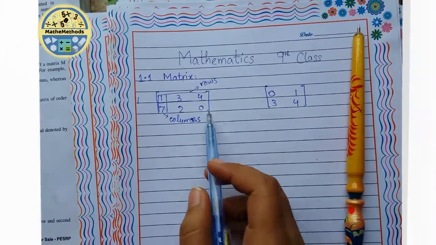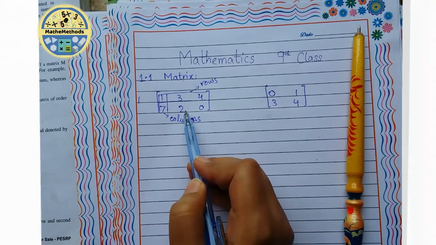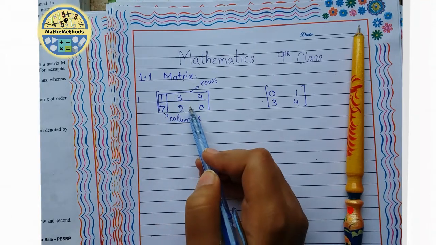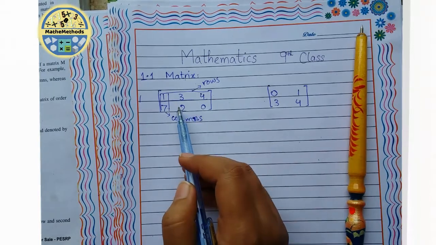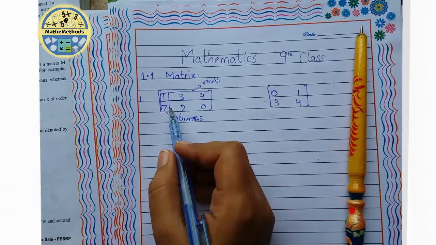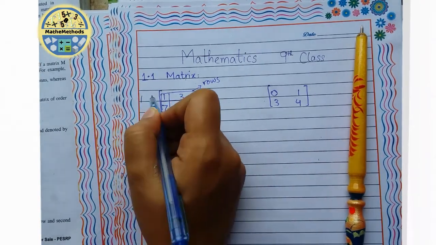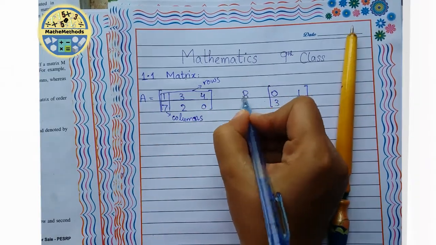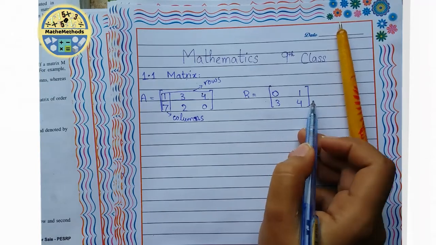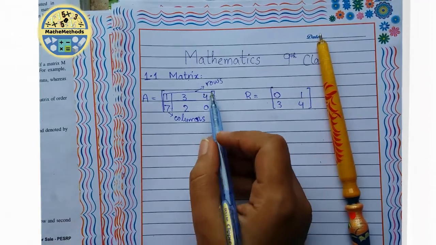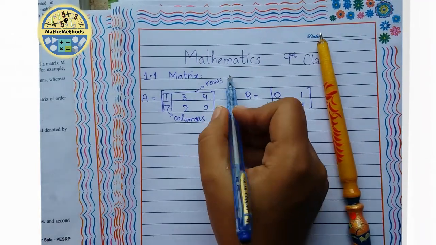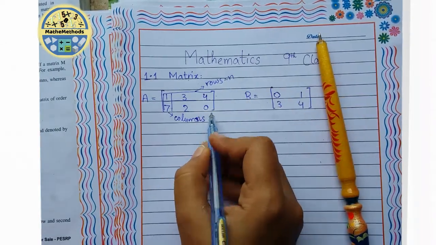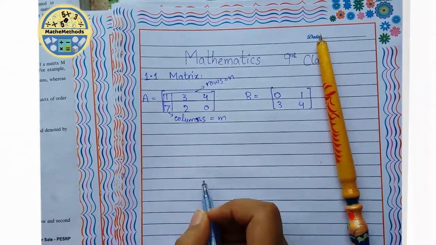For example, we can see that there are 2 rows in this matrix and there are 3 columns in this matrix, and we always denote a matrix by capital letters. For example, let A equal this matrix and B equal this matrix. We denote the number of rows by N and the number of columns by M.